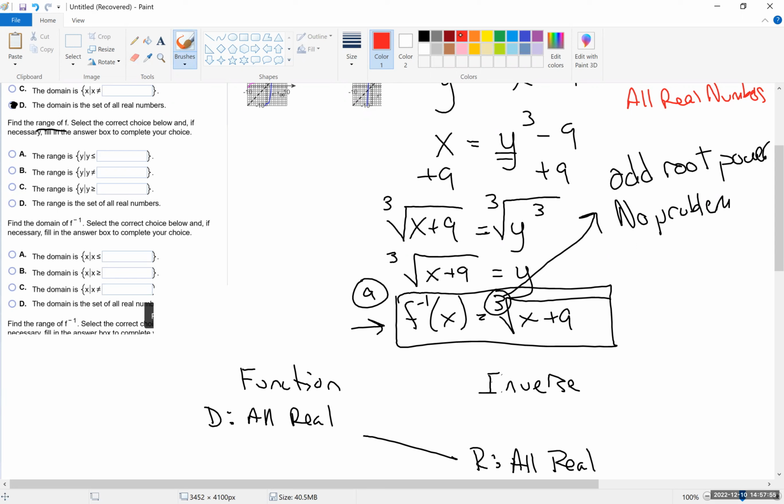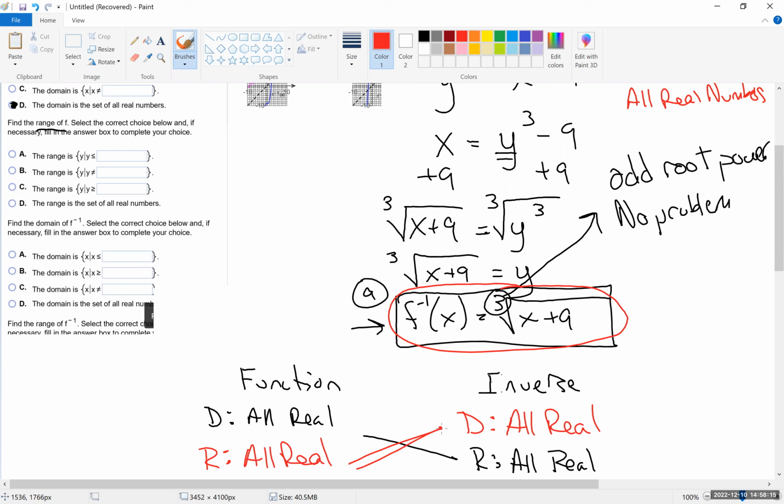Okay. Now, the range of the function is equal to the domain of the inverse. The domain of the inverse is also all real numbers, which means the range of the original function is all real numbers. Okay. These two are always equal, and these two are always equal.